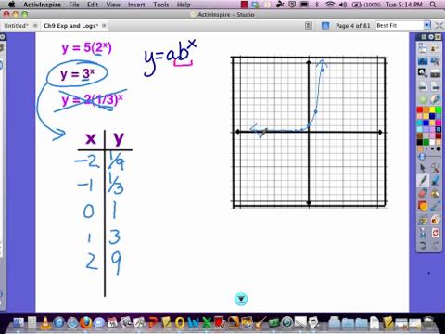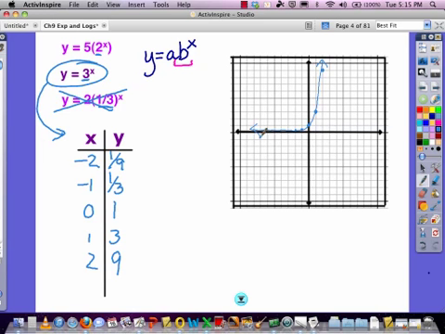Take a good look. We have what is called an exponential curve. We don't have a parabola. It snakes and hugs that x-axis over here on the left and eventually starts rising. Remember, we called that initial value or y-intercept, that number in front of the b.